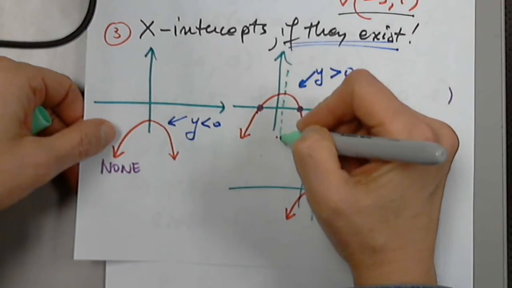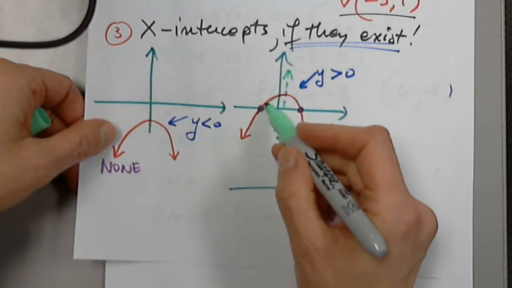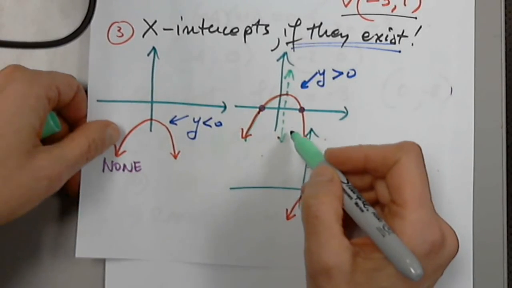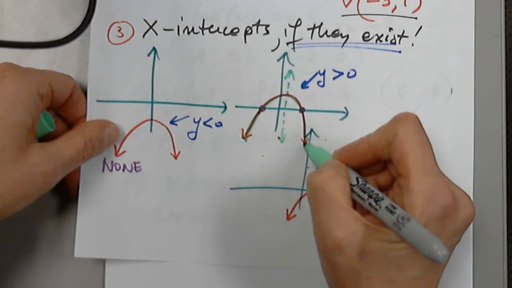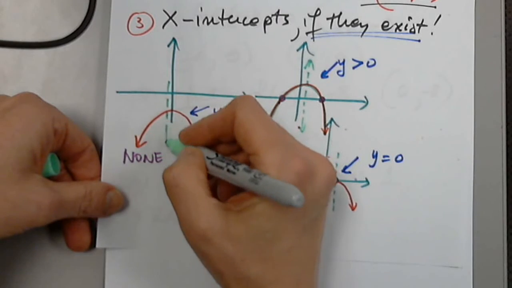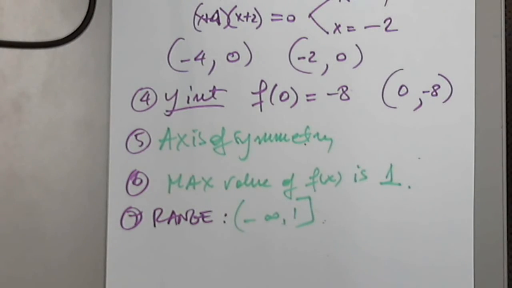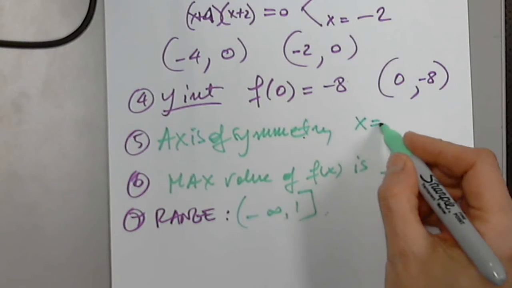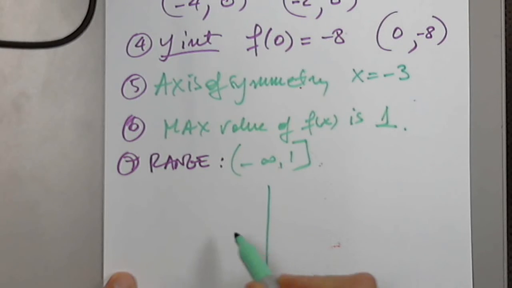This piece, if my graph were perfect, which is not, would have been a mirror image of this piece with respect to the axis of symmetry. Same thing here. Yes, but it has to be x equals. Yes, very good. Now we are ready with all this information.